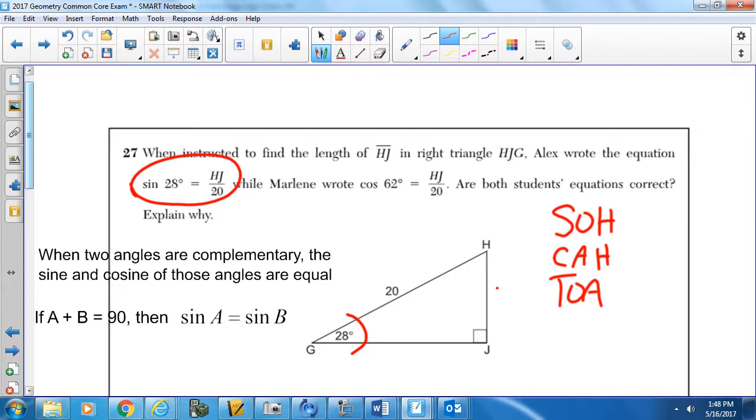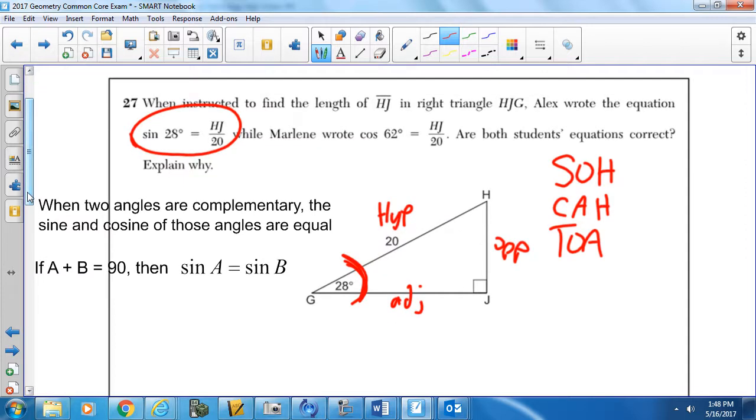Remember, this would be my opposite, this would be my hypotenuse, the 20, and this would be my adjacent, based on the 28-degree angle. So what Alex wrote is sine of 28 is equal to the opposite, which is HJ, over the hypotenuse, which is 20.